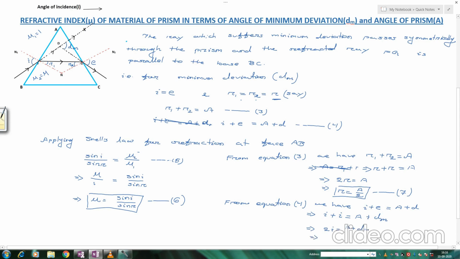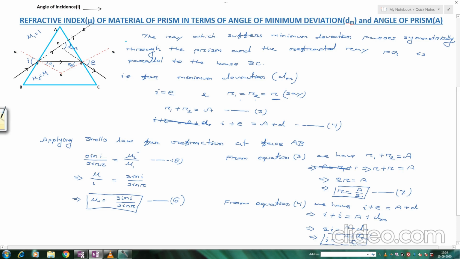So this implies I is equal to A plus dm divided by 2. Write this as equation number 8.